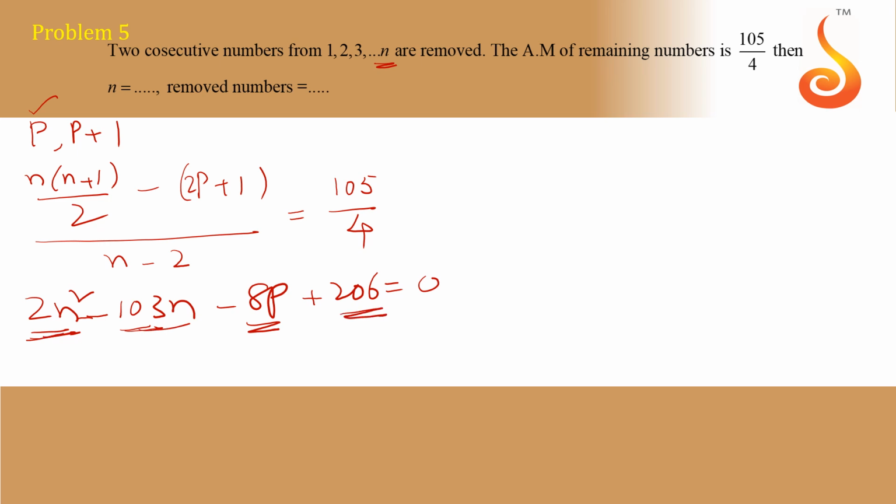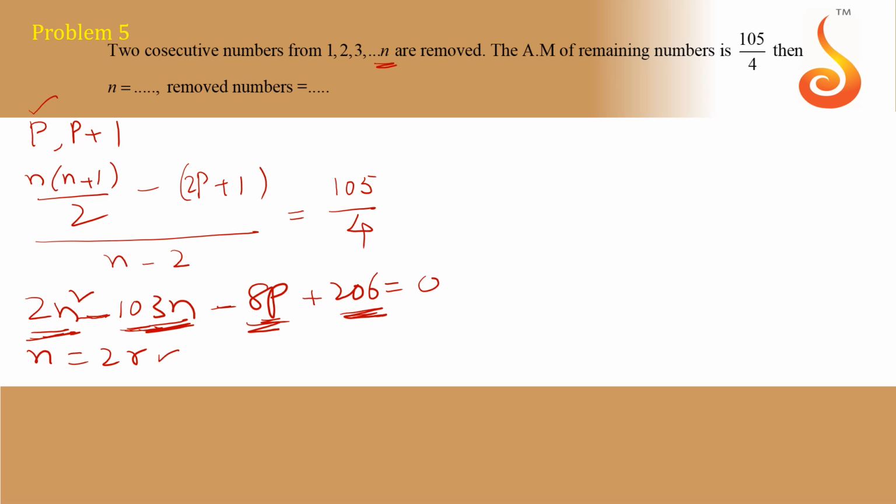So out of 4 terms, 3 terms are even, and the sum, with plus or minus signs, is 0. Then this 103n must be even. If it is to be even, n cannot be odd. So your n value must be an even number. This is a very, very important observation.